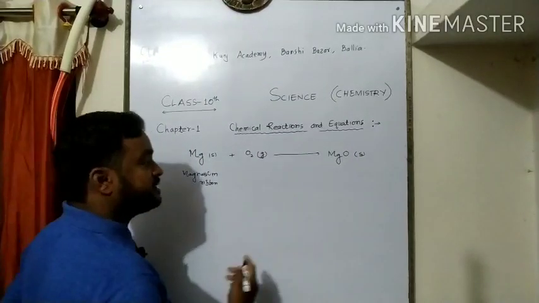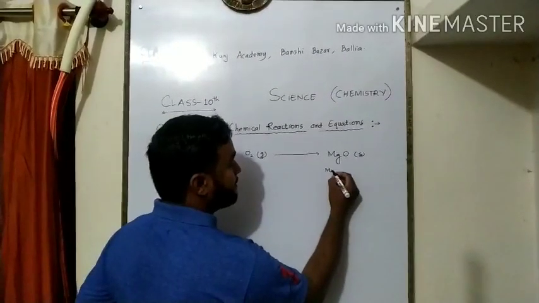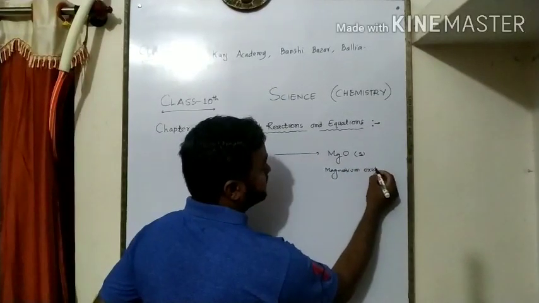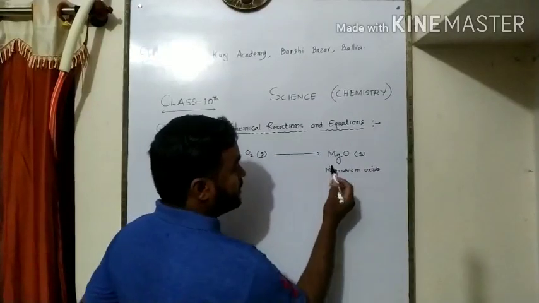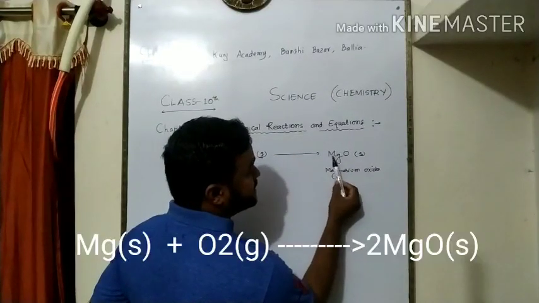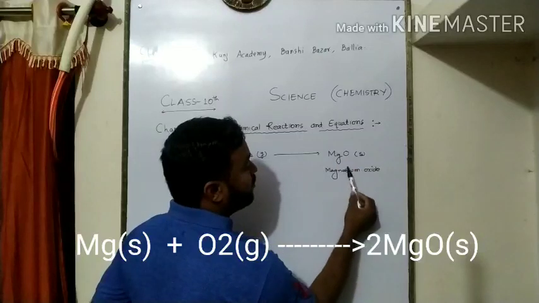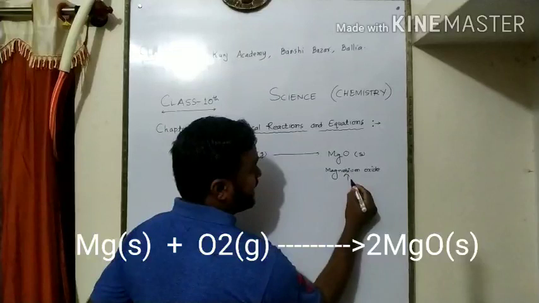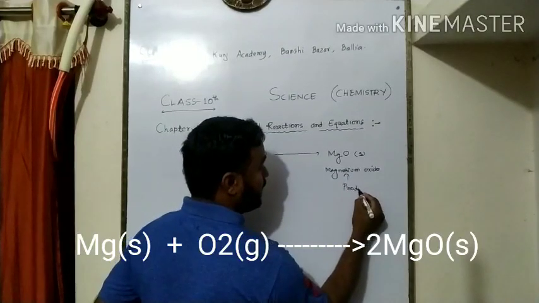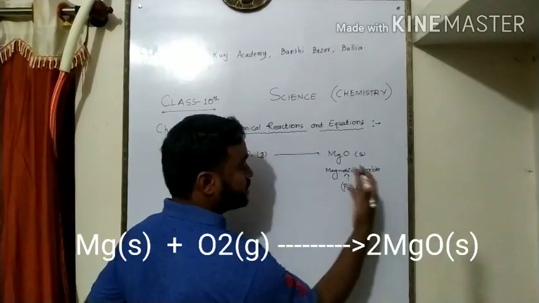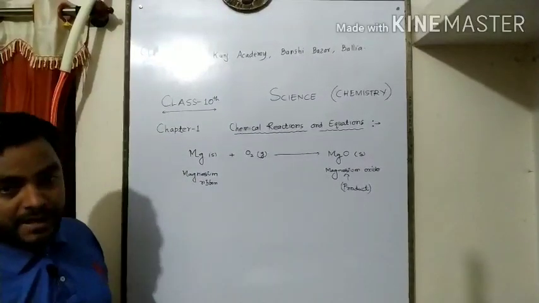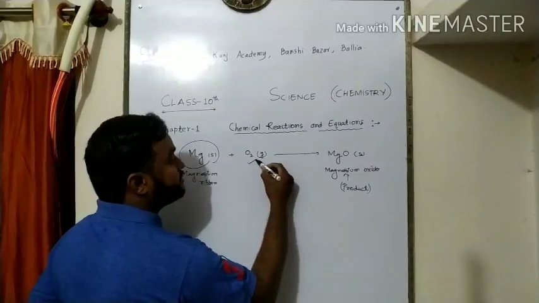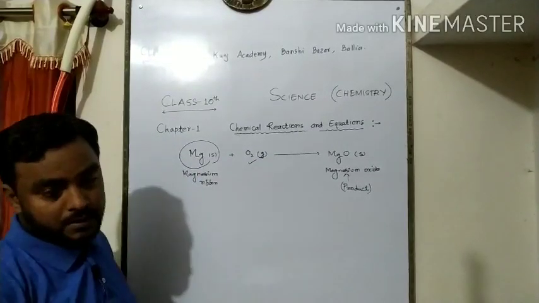That different substance will be called magnesium oxide. MgO is the formula of magnesium oxide. So here magnesium oxide is our product, which is formed when this magnesium ribbon is burnt in the presence of oxygen.